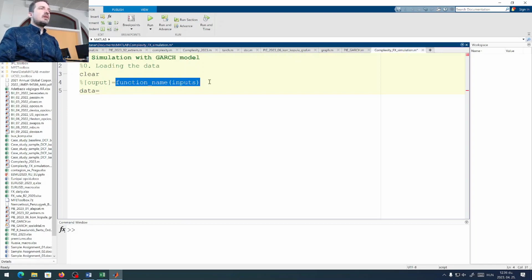On the right side of the equation there's always the name of the function and the related inputs or switches, and on the left side of the equation we can find the defined outputs. So until there is only one output we are not using the squared brackets. If we are above it, then we are using it.